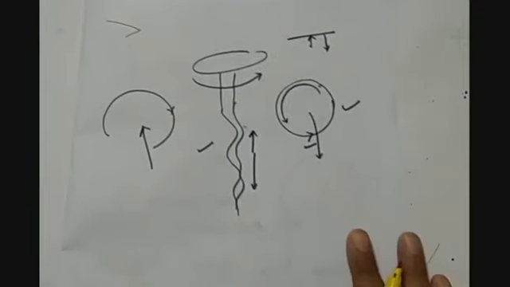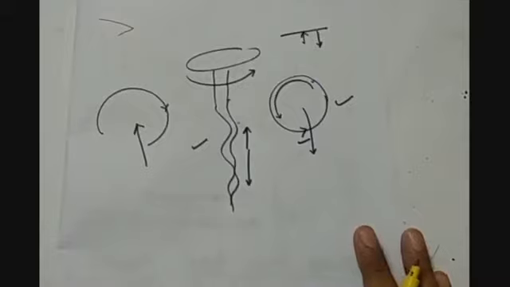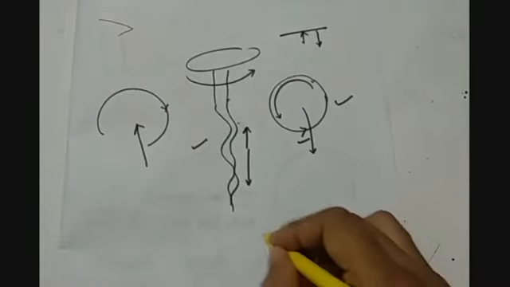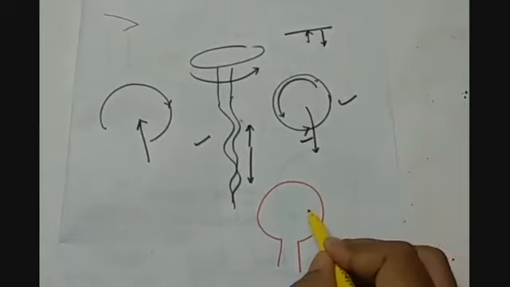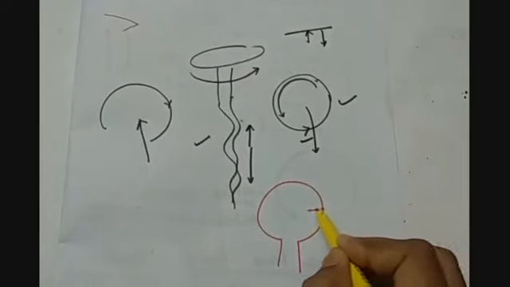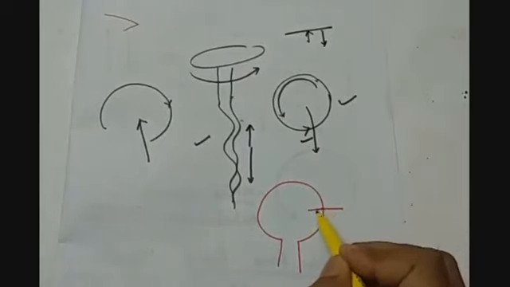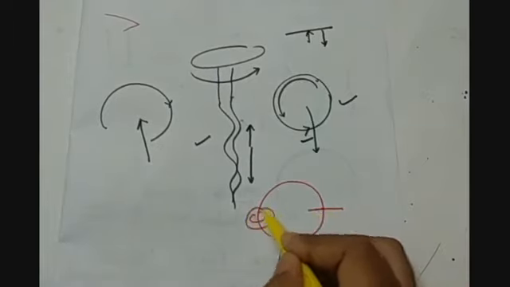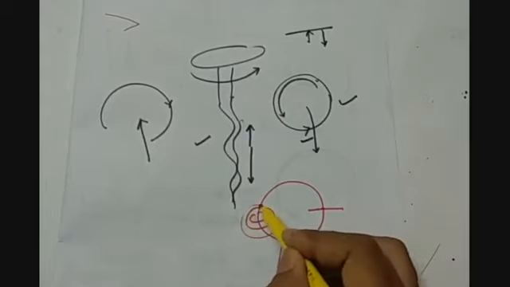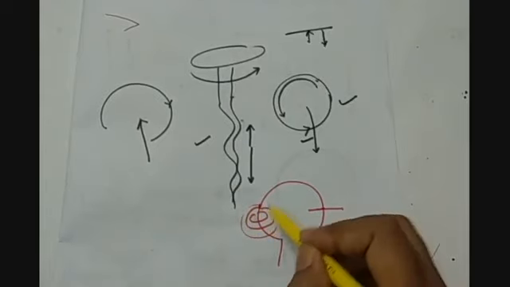So dear students, now we can conclude that the magnetic field lines generated around a circular wire or circular loop are perpendicular to the conductor and are formed in the form of concentric circles having the conductor as the center.